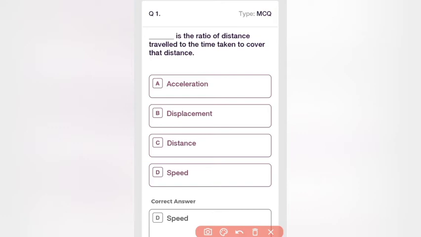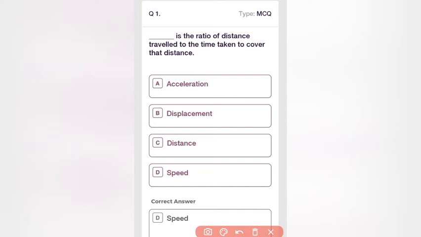Dash is the ratio of distance traveled to the time taken to cover that distance. The formula distance traveled by time taken is: option A acceleration, option B displacement, option C distance, and option D speed.